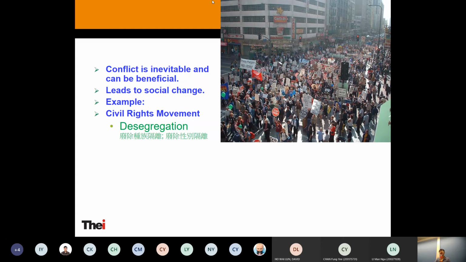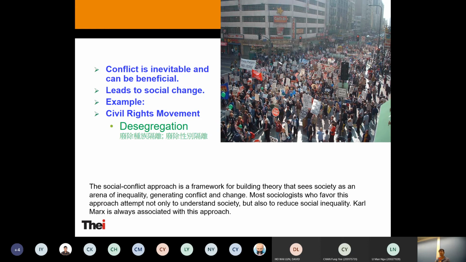For example, nowadays we talk about BLM, Black Lives Matter, because of the rise of ethnic or racial issues, and therefore more and more people pay attention to their rights and their situation. So to a large extent, conflict could not be viewed as a poor practice. To a certain extent, it can be regarded as an opportunity for us to move forward.